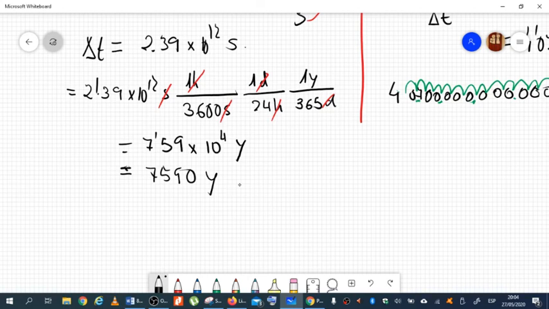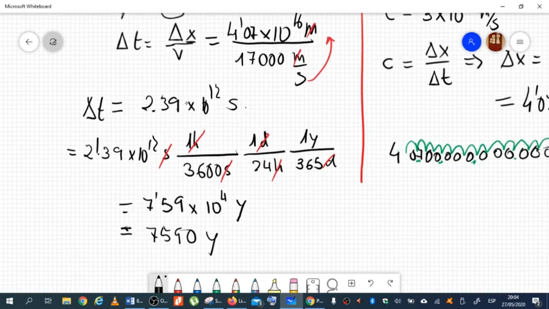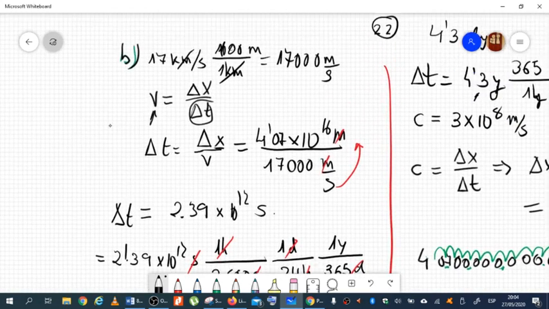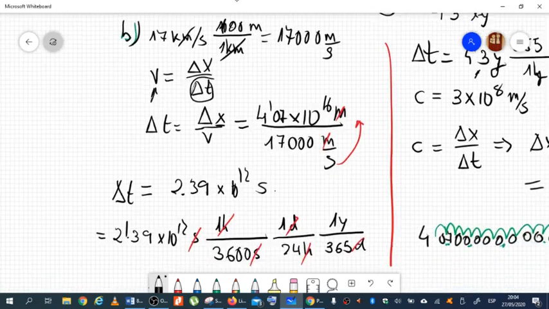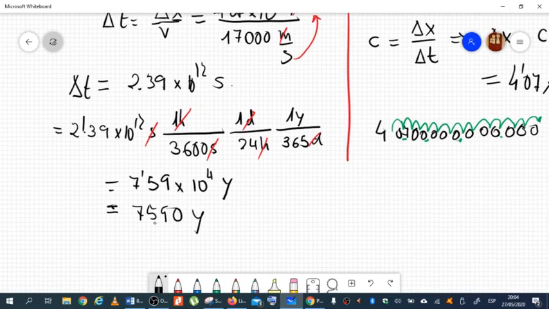It's a long time. So our fastest spaceship would take 7,590 years to travel to Alpha Centauri, okay?